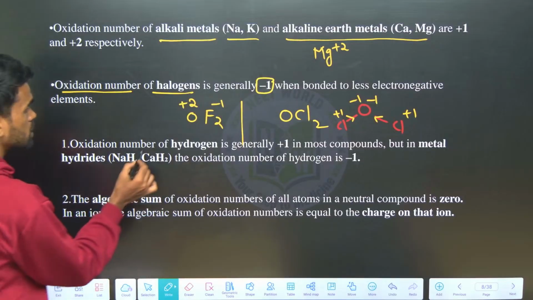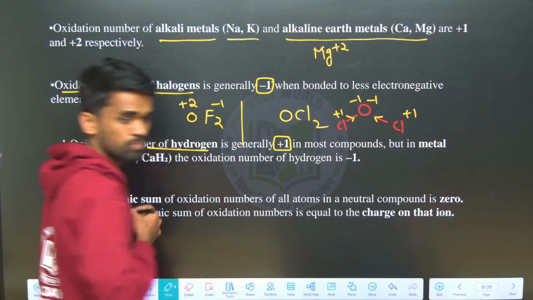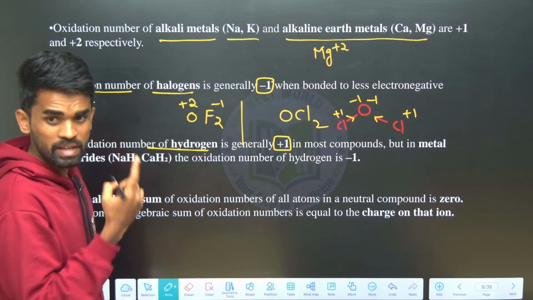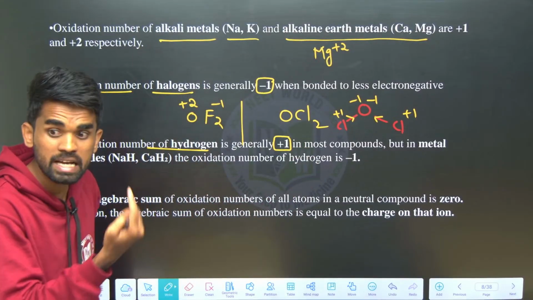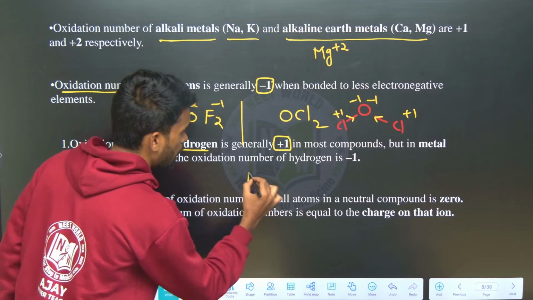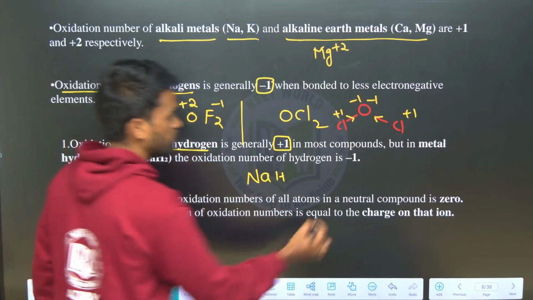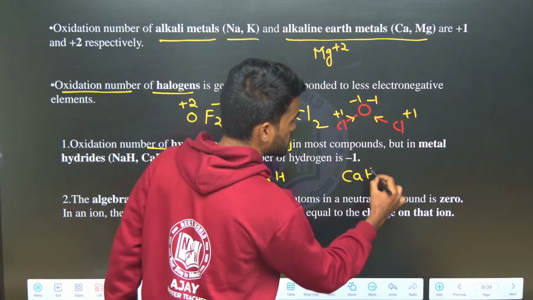Now, the oxidation state of hydrogen is generally how much? +1. But when hydrogen is attached to metals, for example, hydrogen can combine with sodium and form sodium hydride, and combine with calcium and form calcium hydride.